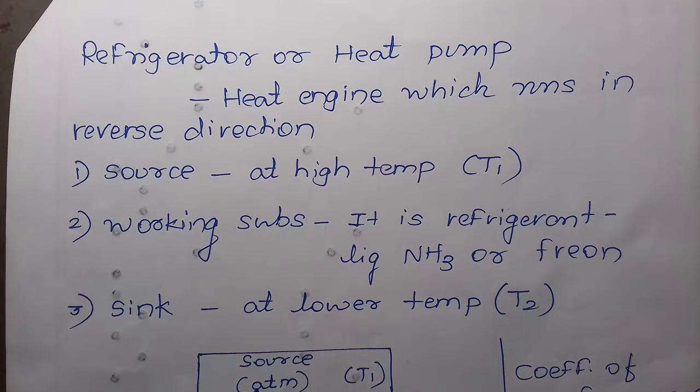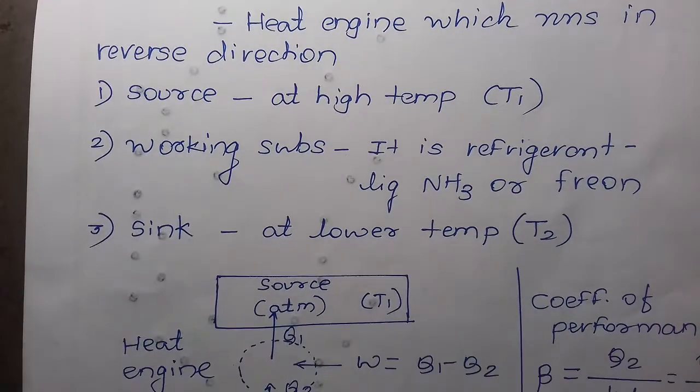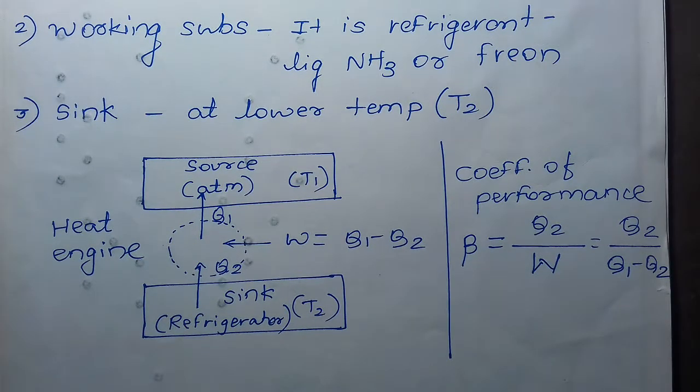Then refrigerator or heat pump. Heat engine which runs in reverse direction is called a refrigerator or heat pump. Here source is at high temperature T1. Working substance here is refrigerant, liquid ammonia or freon, and sink is at low temperature.